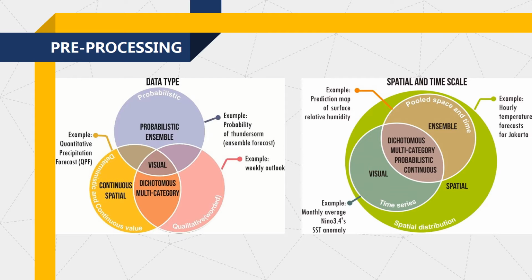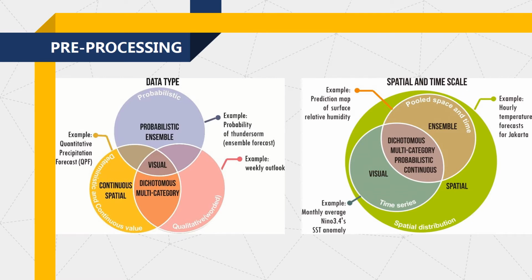The verification technique that can be used in this data type is probabilistic and ensemble method. Another method that can be used in this data type is visual method, or we often call it eyeball verification.